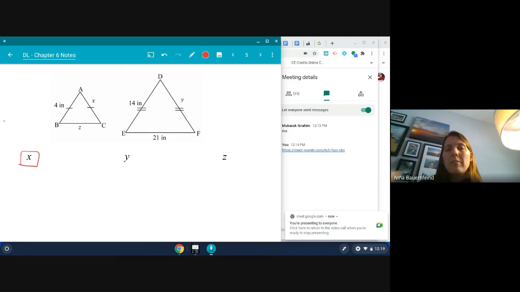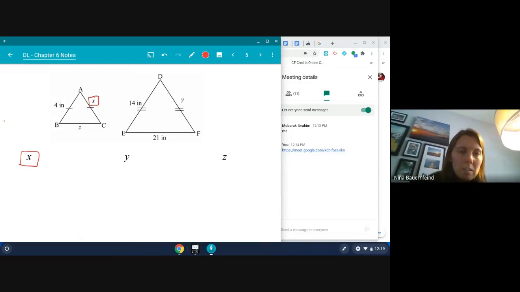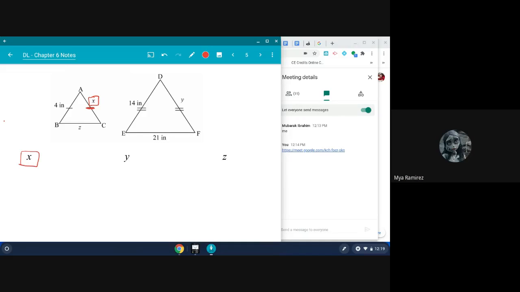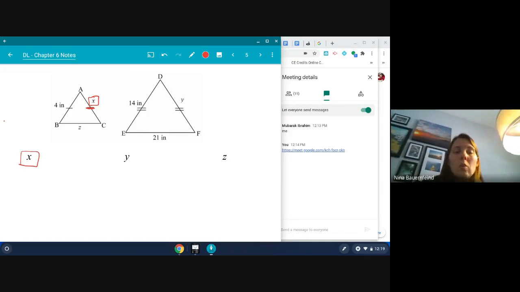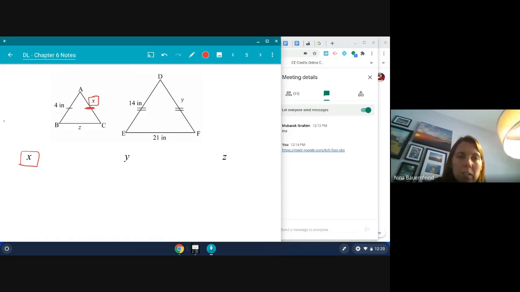So when you have a letter that you're looking for, I would start by finding it in the picture. So that's where our X is. Do you notice this little tick here on this side? What does that tell us? That's X. So this side is X units long. That's right.